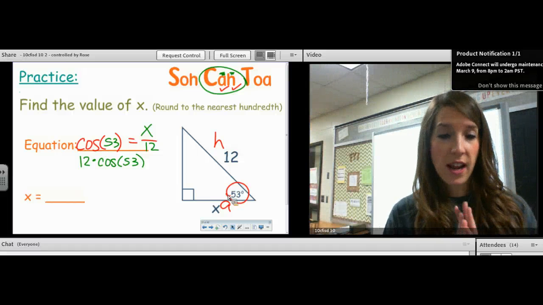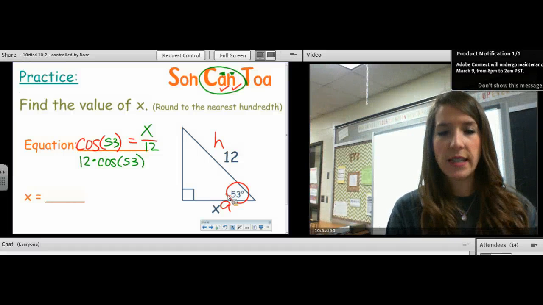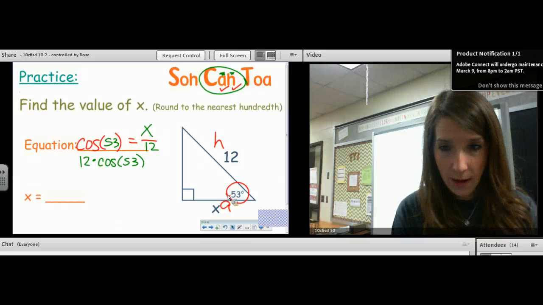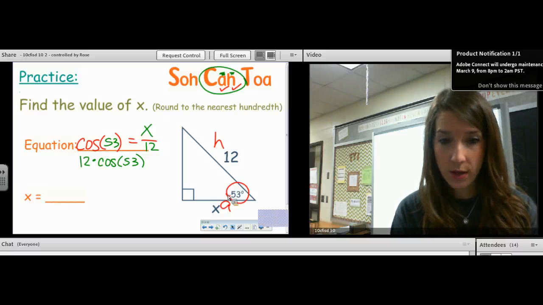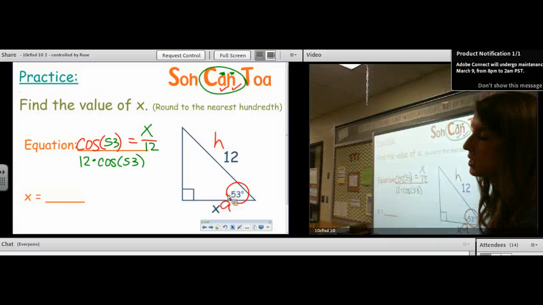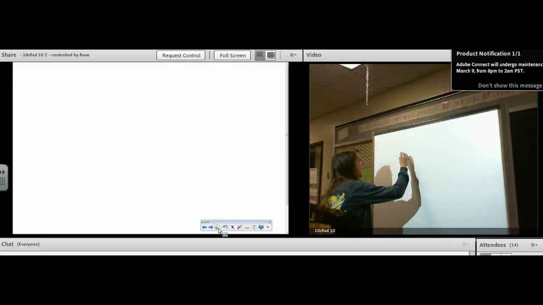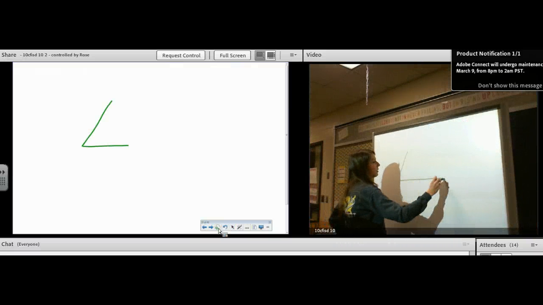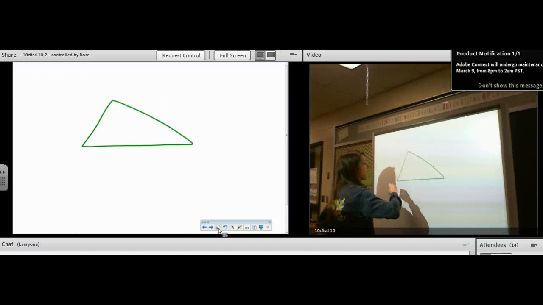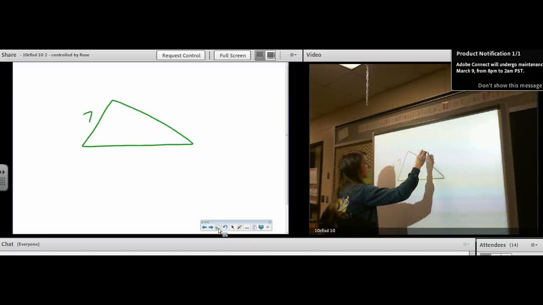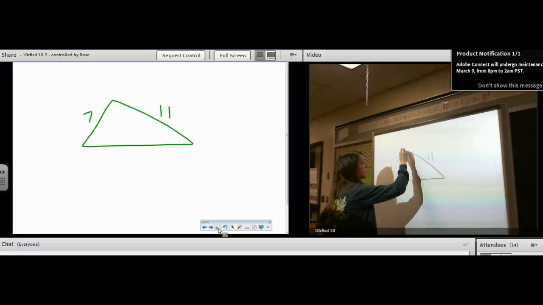Very good question, Jenny, and I think I should have mentioned that yesterday. They are absolutely going to be right triangles. Trig only works on right triangles. Now, 7.2, okay, good. Side note, real quick. If I ever give you a triangle that's not a right triangle, you're going to have to draw an altitude to make it a right triangle.